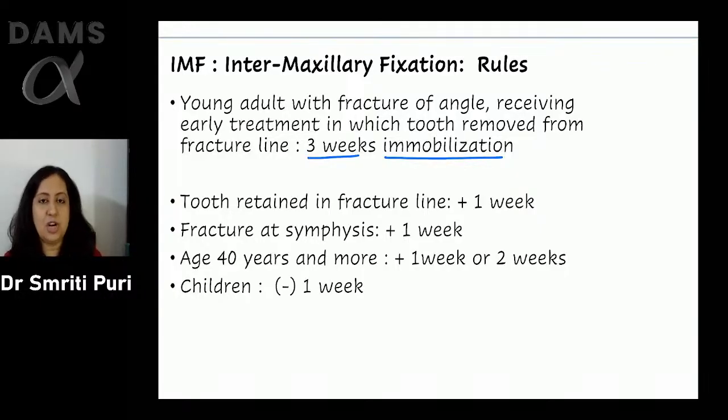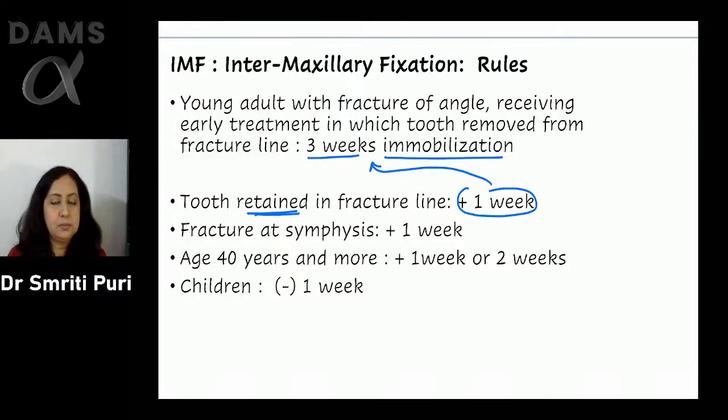Whatever addition, subtraction you do, you do it over 3. So if you retain a tooth in the fracture line, you will add 1 week to 3 weeks. If there is fracture at the symphysis, you will add 1 week to 3 weeks.